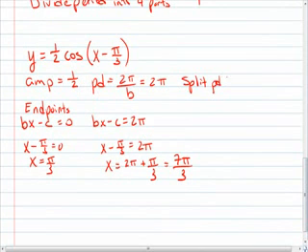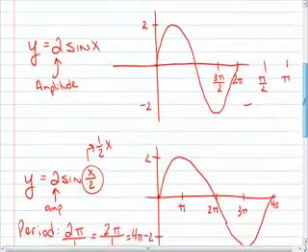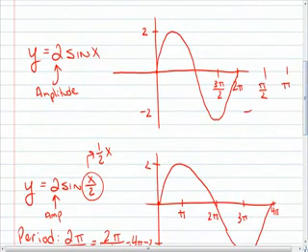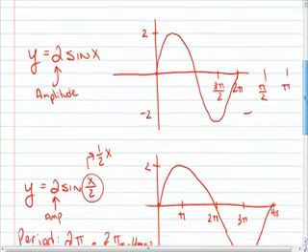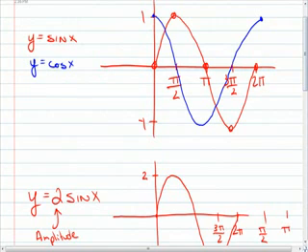And if we take the period and split it into 4 parts, that is intervals of pi over 2. Now in the originals we started with 0 because there was no horizontal shift, and we added intervals of pi over 2 plus pi over 2 plus pi over 2 until we got to the end of the period at 2 pi.